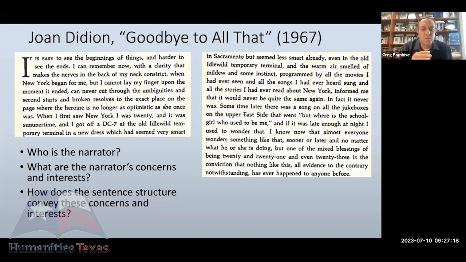When I first saw New York, I was 20, and it was summertime, and I did this, and the warm air smelled, and all the songs, and this happened. A bunch of, not unrelated, but these are flashes of memory. These are flashes of sensory experience. So just in these two first paragraphs, we see how these writers are distinguishing themselves in what they're concerned about and what they're thinking about.